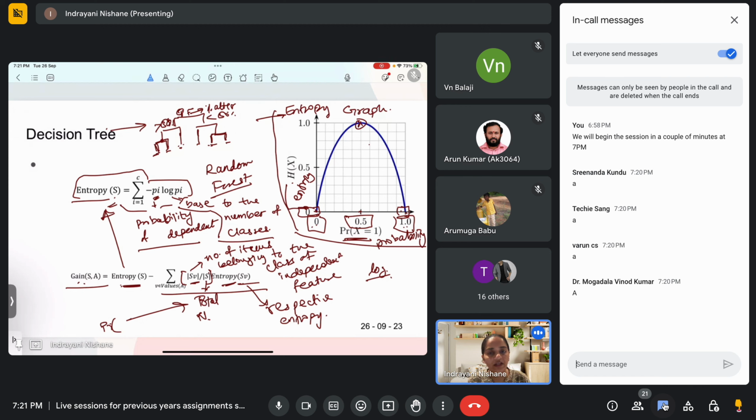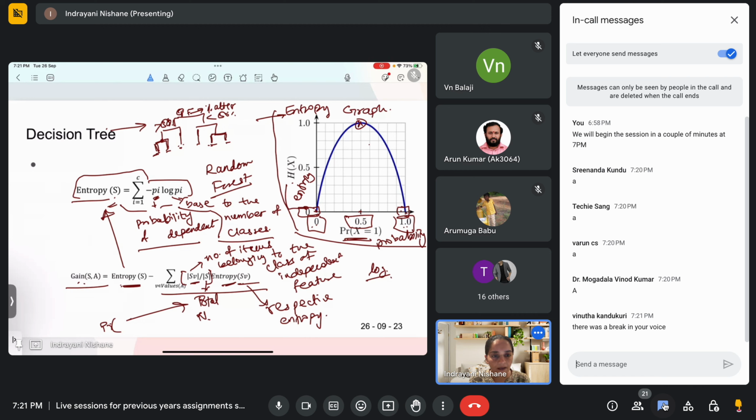So when we have the highest probability that our data belongs to a particular class, that means a probability of 1, the entropy will be 0. And when we have a probability of 0.5, that means out of 2 classes, our data has an equal chance of belonging to both classes. In that case, the randomness in our data will be maximum, so the entropy will be maximum.